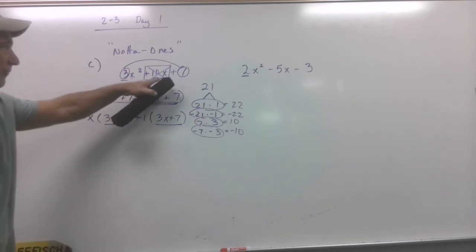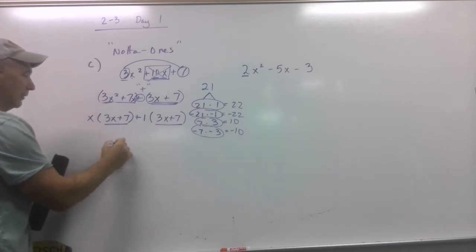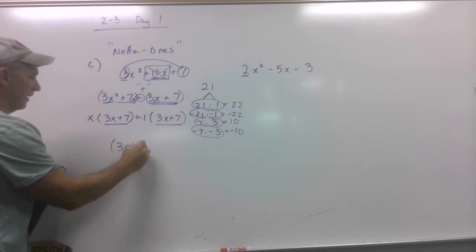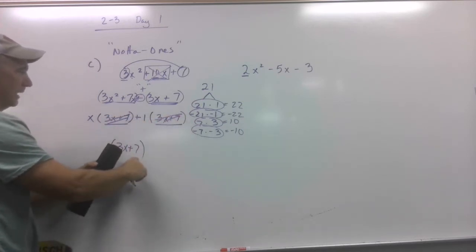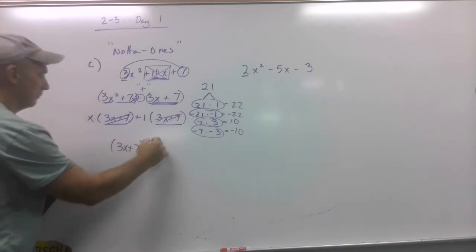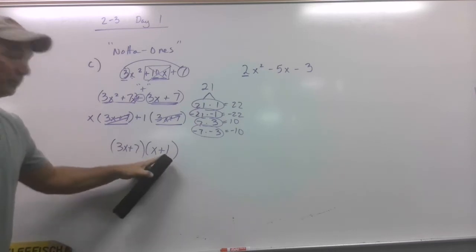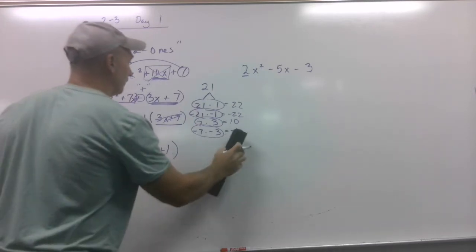And if these are factorable, then these will match. So what I do is I take out whatever the match is, 3X plus 7, and I write it once, and then whatever's left, X plus 1, is my final binomial.